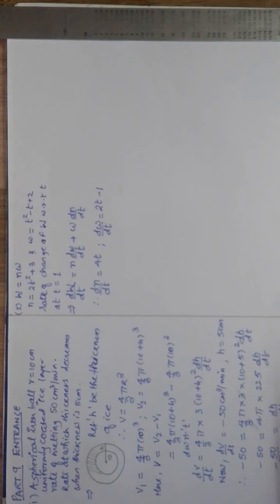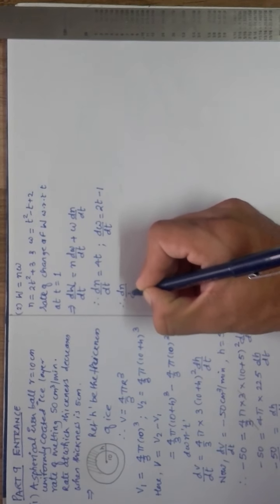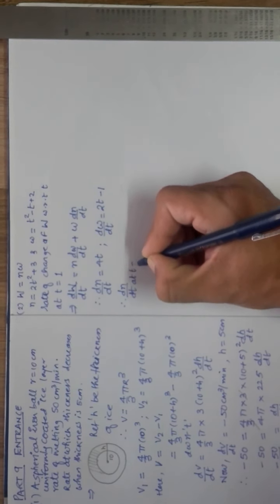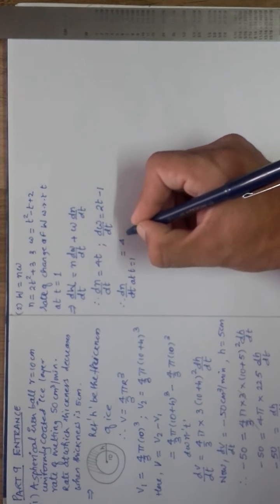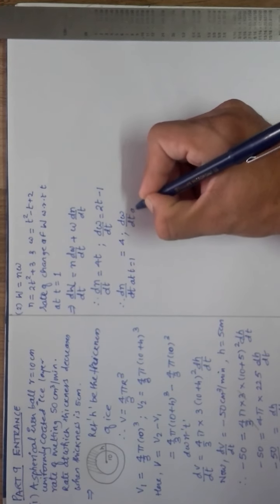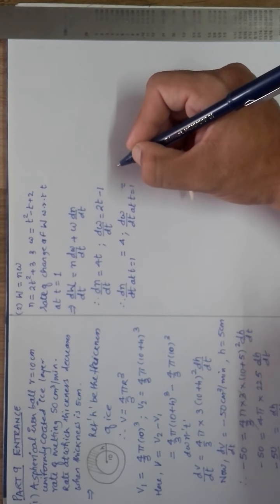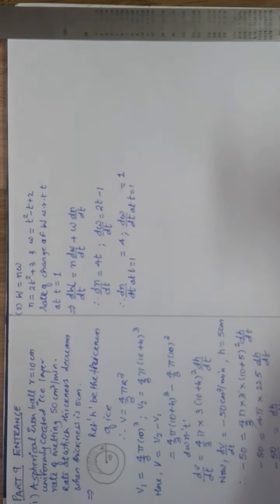So substituting this, what you get, but commonly what I will do is I know I have to find the rate of change with respect to t at t is equal to 1. So dN/dt at t is equal to 1 will become 4, and dw/dt at t is equal to 1 will become 2 into 1, that is 2, minus 1, that is equal to 1.